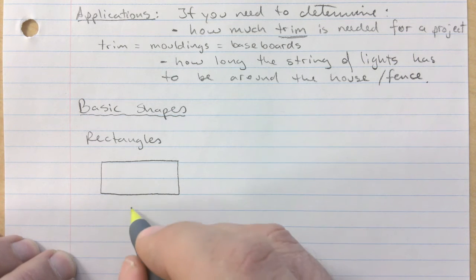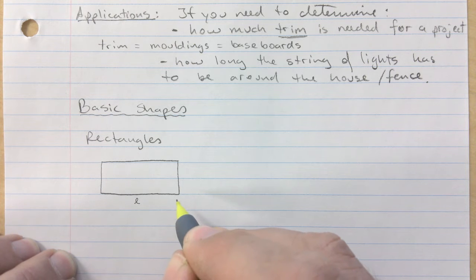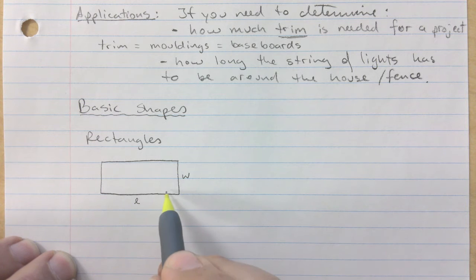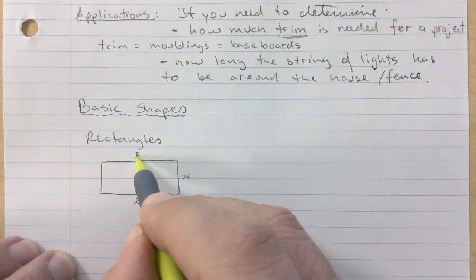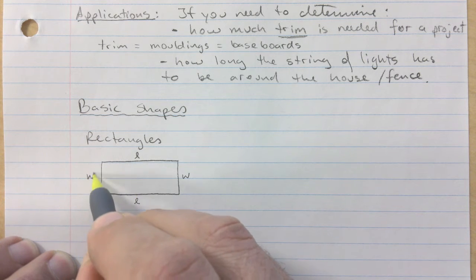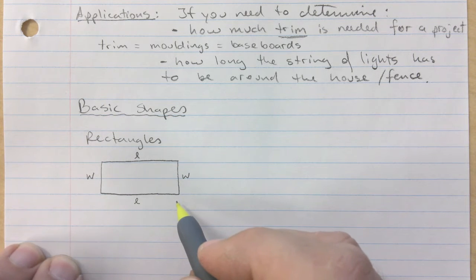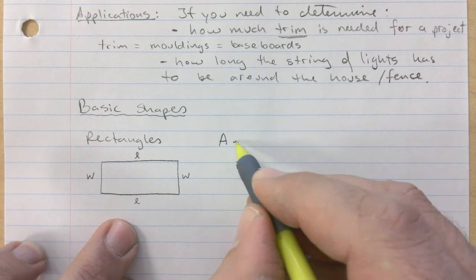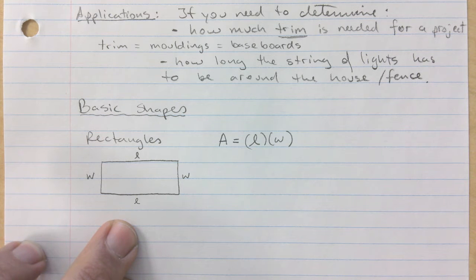It has 90-degree angles in every corner. It's not necessarily that the longer side is length, what we call it has a length and a width. And obviously there'll be two sides that measure the same, we call them length, and two sides that measure the same this way that are across each other, those are both referred to as the width. Right? So to find the area of a rectangle, you would just take length and multiply it by the width. Simple as that.